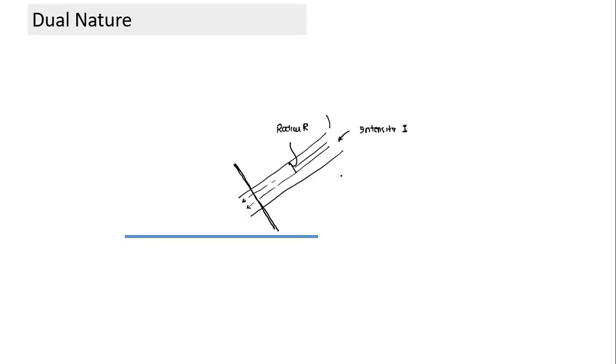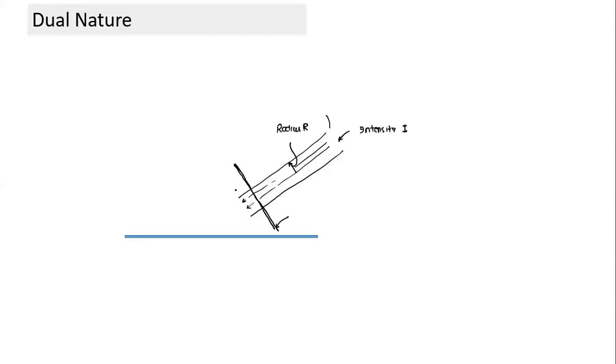So there's a beam of light, and it's a parallel beam of light, and its intensity I is given, and the beam of light is circular in cross section. Radius is r. Have you understood how the plate is placed here? It's perpendicular to the direction of travel of the beam of light.